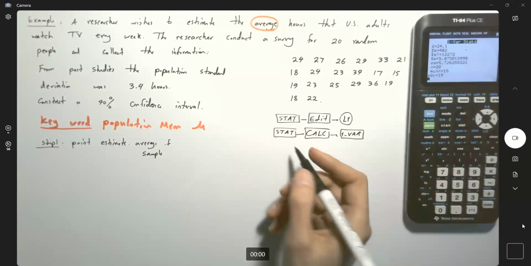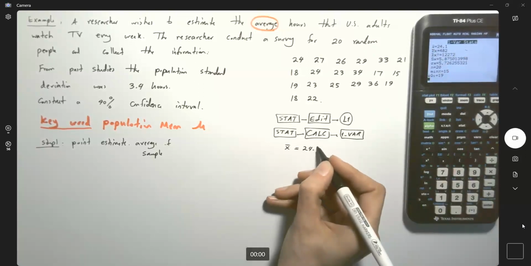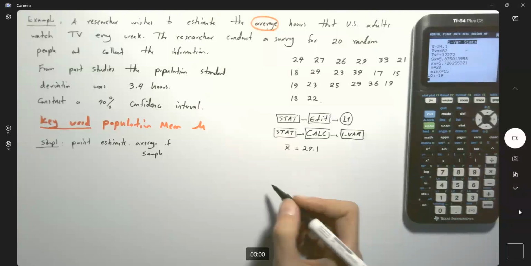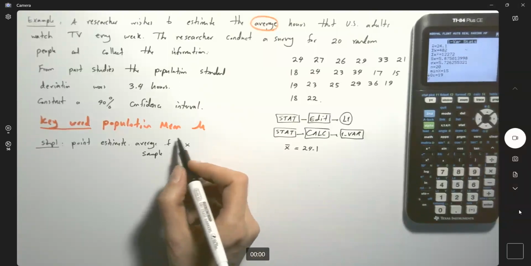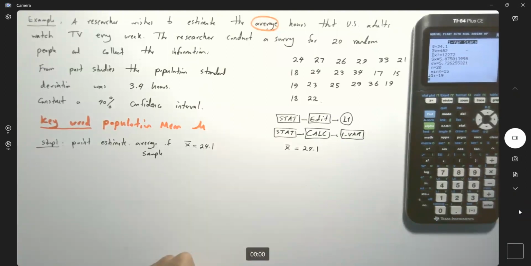So X bar, as you can see, is 24.1 hours. Very good. So the average of sample or X bar is 24.1 hours.